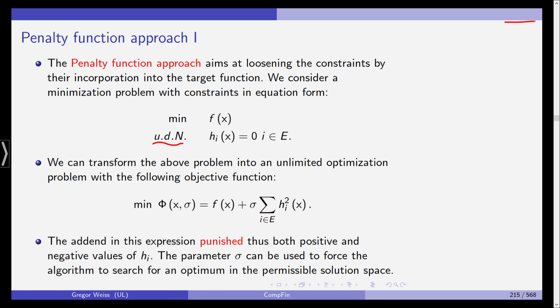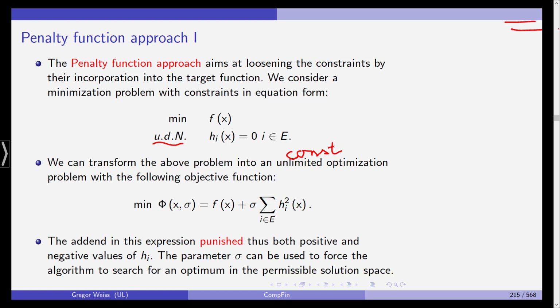The penalty function approach aims at loosening the constraints by incorporating them into the target function and then penalizing any violation of the constraints. So we transform this problem here into an unconstrained optimization problem with the following objective. Target function.